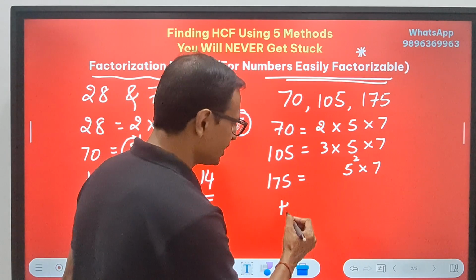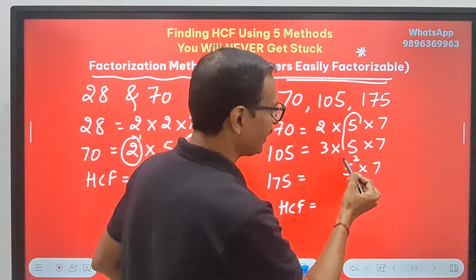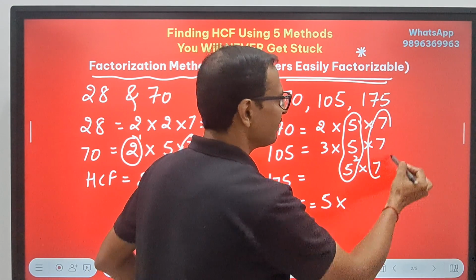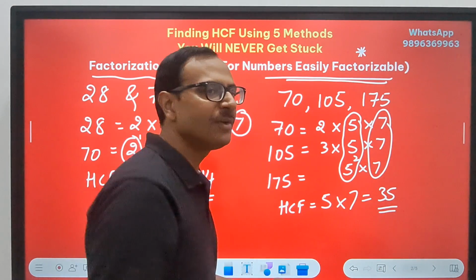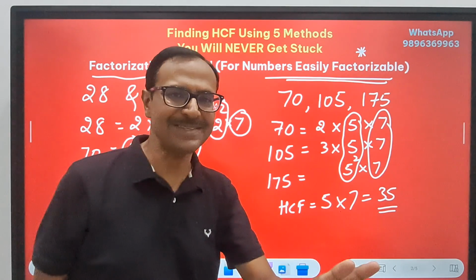Now what is the highest common factor of the 3 numbers? Where are the common factors? 5, 5, 5 square: the lower power is 5. 7, 7, 7, it's the same thing, so 7, and therefore the highest common factor is 35. But the method works only when the numbers are easily factorizable.